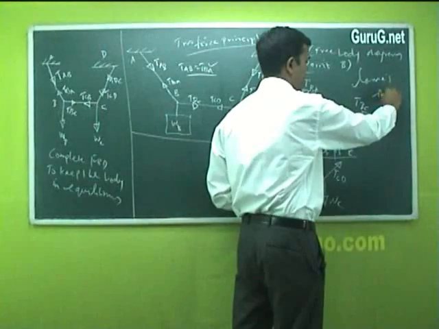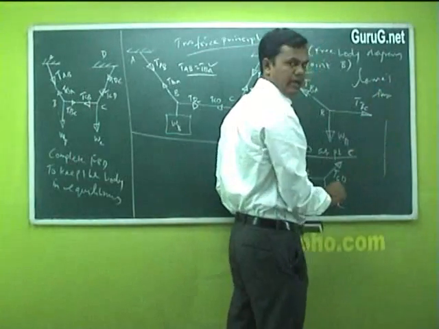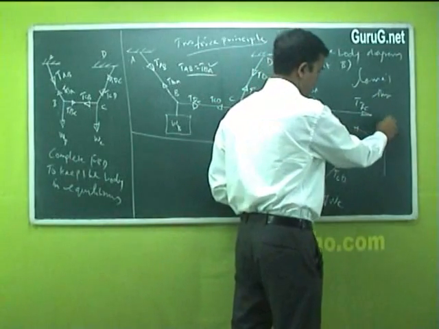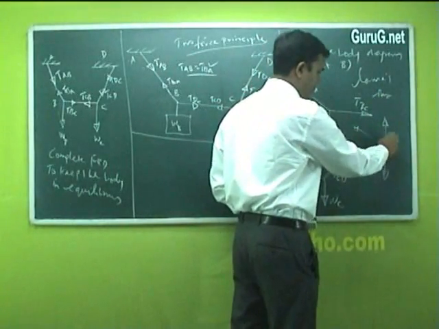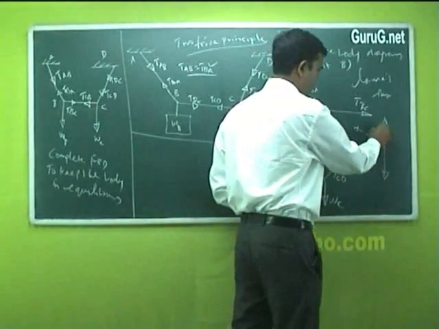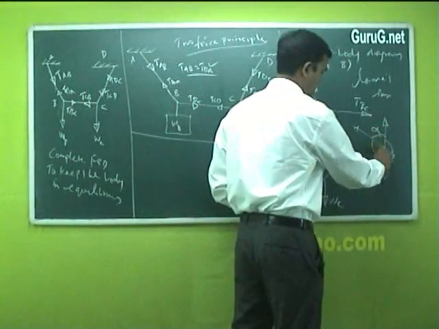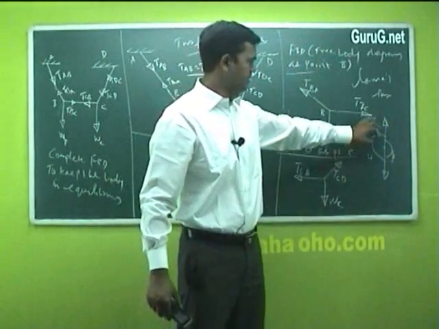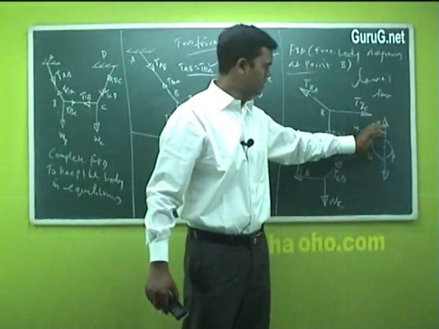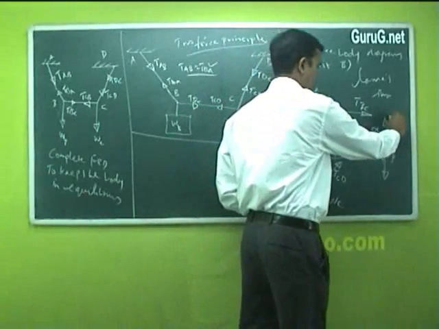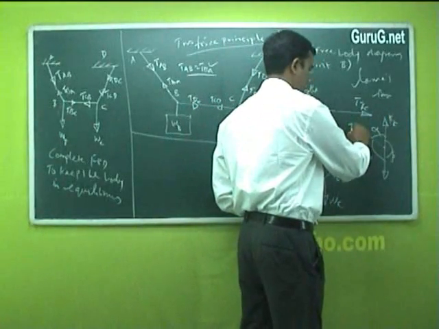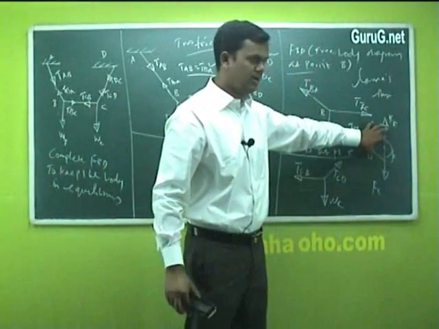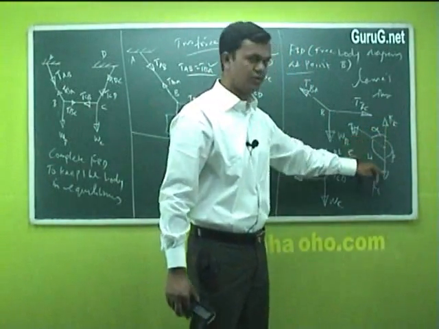Lamy's theorem. What is that? We will again draw a diagram. You will have 3 forces going away from the point. You will have alpha, beta and gamma, which I have already explained. Suppose this is force A, this is force B and this is force C. You take the sine of the angle between the other two forces.